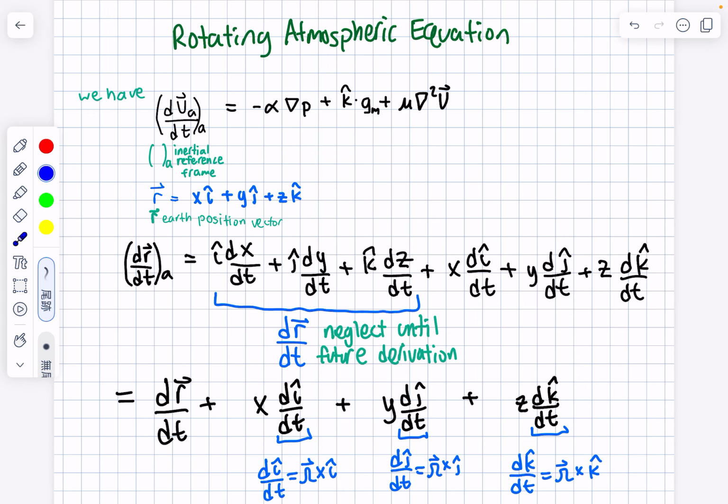What inertial means is if we're standing at a point in space and we're not moving, but the Earth is rotating away from us, things will move in a straight path according to this equation.